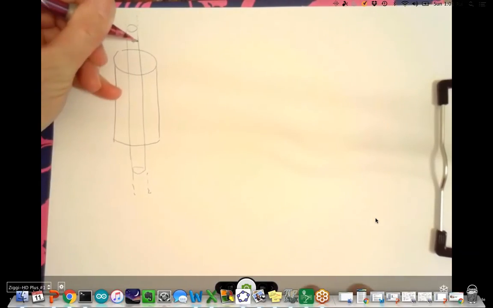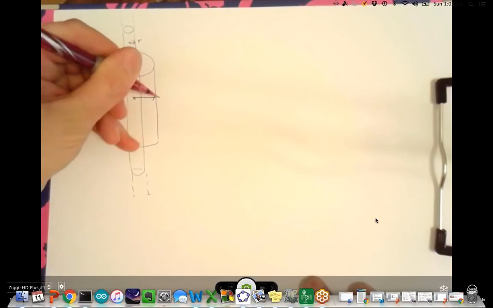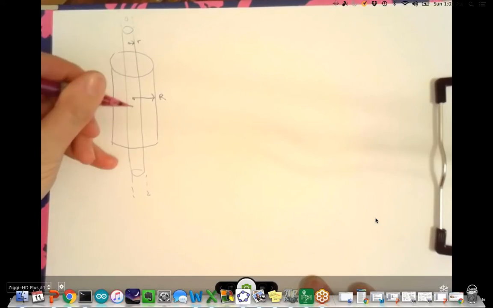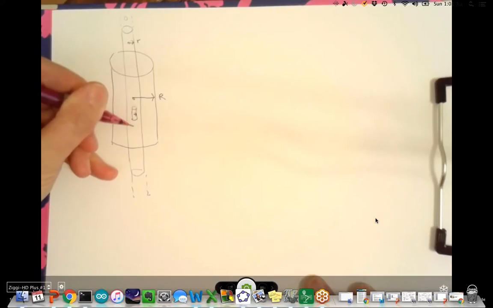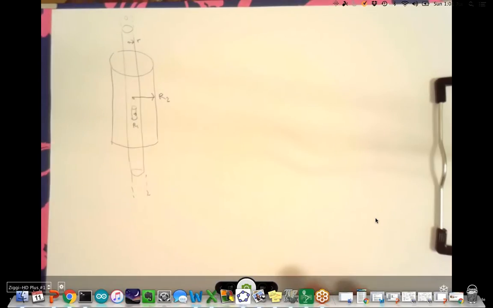Let's say the radius of this circle is little r, and our Gaussian surface comes out to r. We could also draw a Gaussian surface inside, which we can call radius little r1. This will be little r2 out here.